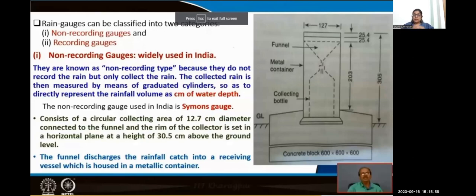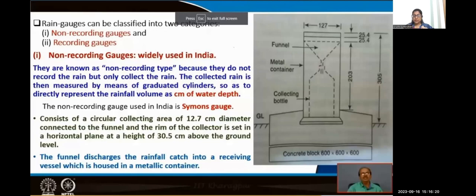Non-recording type, as the name suggests, are those rain gauges where no recording of the values is taken. There is some device to collect the rainfall that is occurring, and only after the jar is full, it is measured separately. How much rainfall has happened in that area is recorded separately.